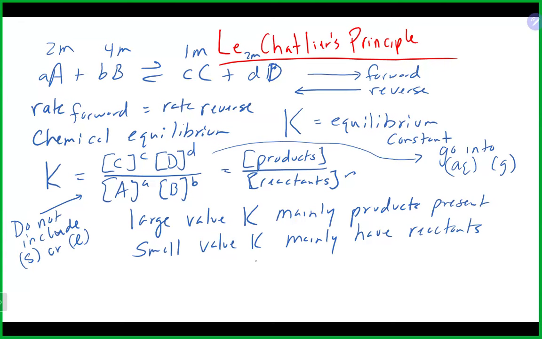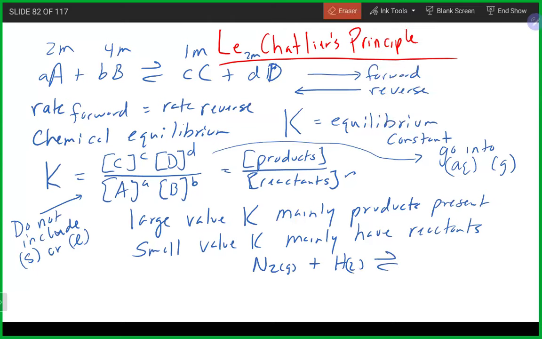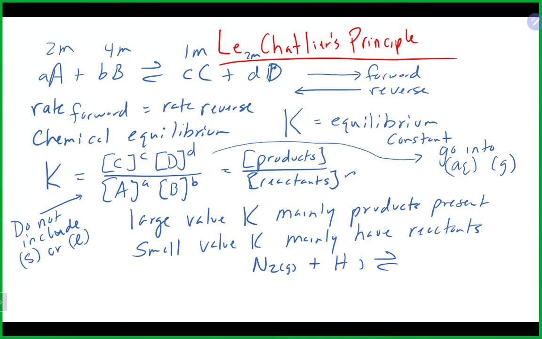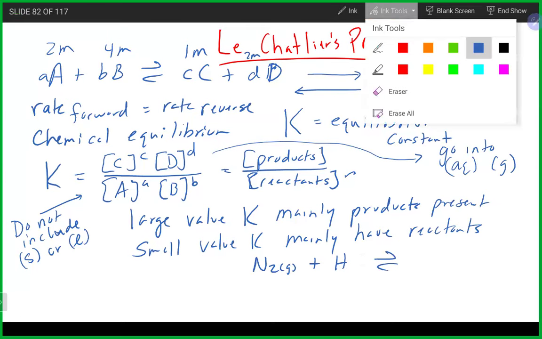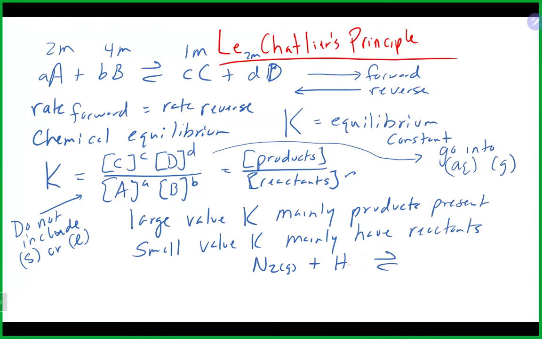If you had something like N2 plus H2, which is a gas, and you get NH3, which is a gas. Do a little balancing, a 2 there, and I think a 3 there.